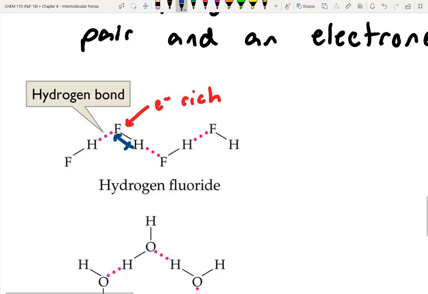And then conversely, if we think about this other HF molecule, it's got a hydrogen that's incredibly electron poor. So it is still a type of dipole-dipole, but that hydrogen right here is essentially being shared between two fluorine atoms. So I almost describe it like a track race where you hand off a baton, but you don't let go, right? So a hydrogen bond, that hydrogen is essentially shared equally between both fluorine atoms in this specific situation.